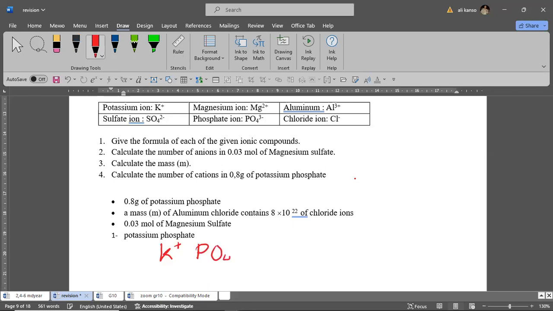How to write the formula unit? This has a charge of 1, this has a charge of 3. We crisscross: K becomes K3, and PO4 as a group, just one. This is potassium phosphate, K3PO4.